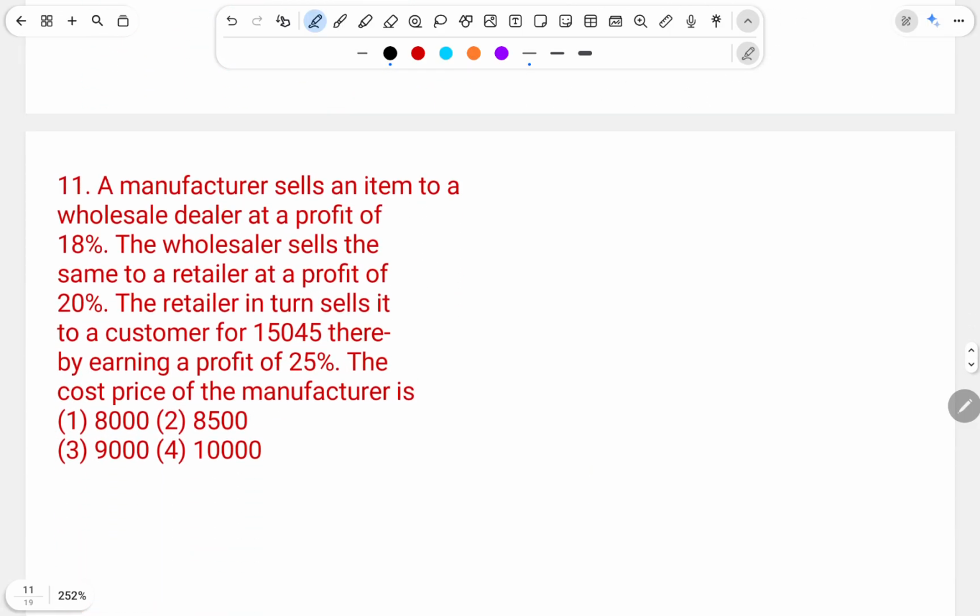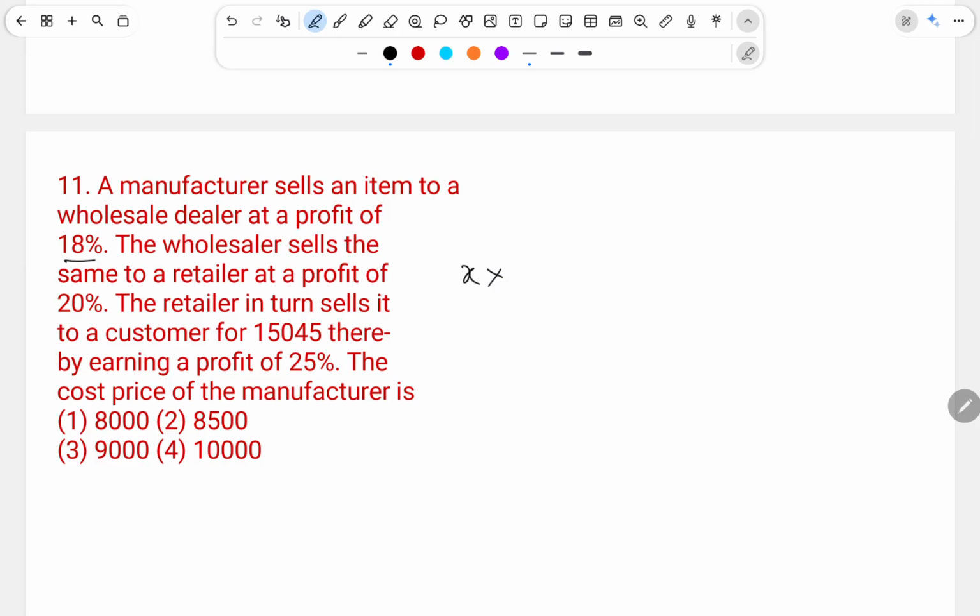A manufacturer sells an item to a wholesale dealer at a profit of 18%. The wholesaler sells the same to a retailer at a profit of 20%. The retailer in turn sells it to a customer for 15,045 rupees, thereby earning a profit of 25%. The CP of the manufacturer, we don't know how much it is, let it be x.